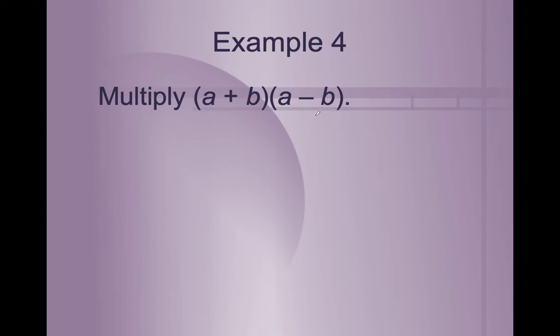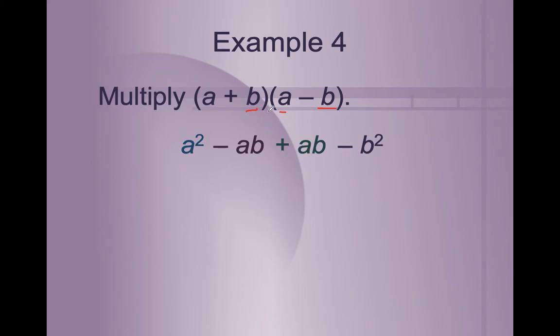We've got two binomials that are the exact same, but they have different signs. Here is what we have. We're going to square a, and then we're going to multiply, and then our last one is b times b.